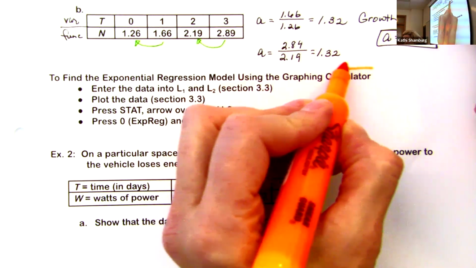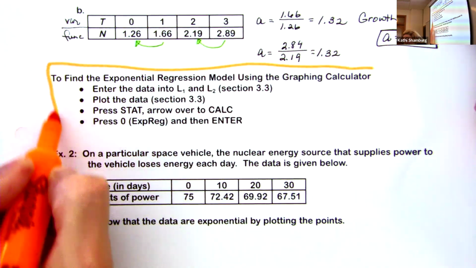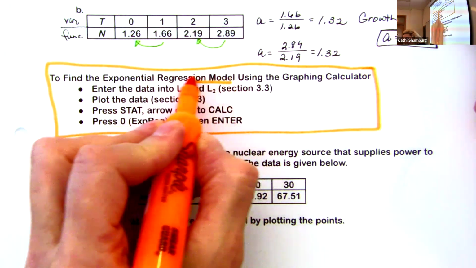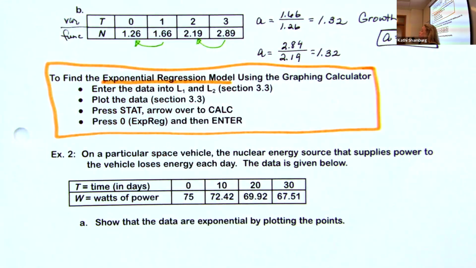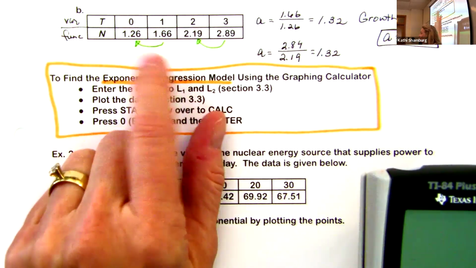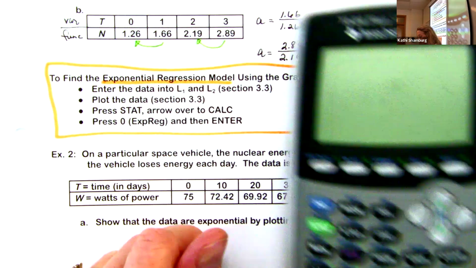So what we're going to learn to do is dealing with the exponential regression model. So when you see that word regression, you know it's not an exact relationship, but it does have characteristics of being exponential, okay? All right, so we're gonna follow these steps with this table here, just to learn the steps.